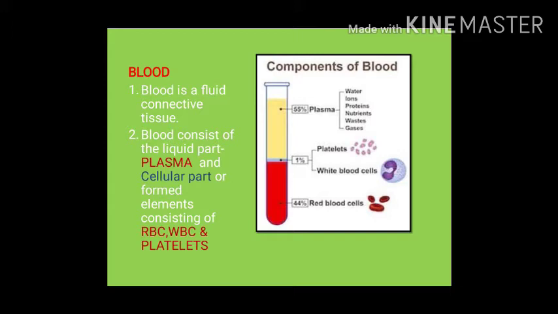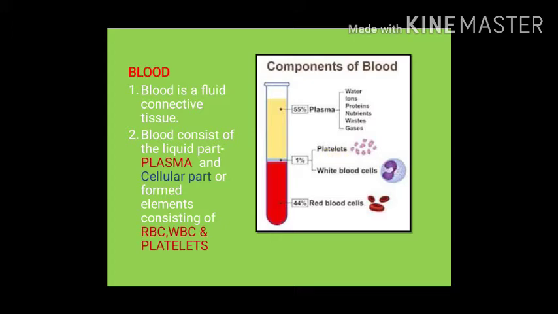Blood consists of the liquid part, plasma, and cellular part or formed element consisting of RBC, WBC and platelets. Now in this diagram, if you see, 55% of blood is made up of plasma, which contains water, ions, proteins, nutrients, waste and gases. 1% is made up by platelets and white blood cells.